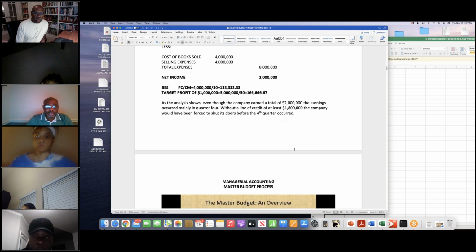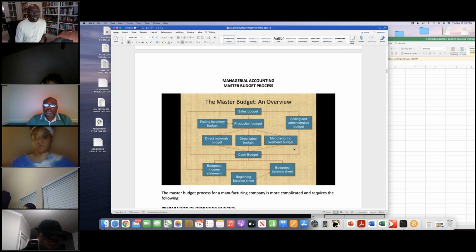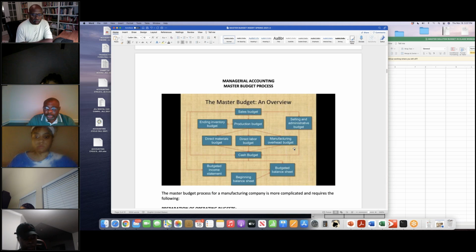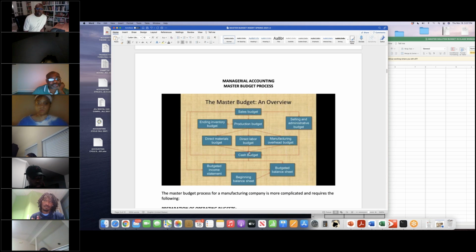Now, when we move to a manufacturing company, such as the company that will be handling the production of your product that you've made, you bought your raw materials and you have it made, it's a little more detailed because we got to have sales budgets, production budgets, direct materials, direct labor, manufacturing overhead, then the cash budget, a budgeted income statement and balance sheet.